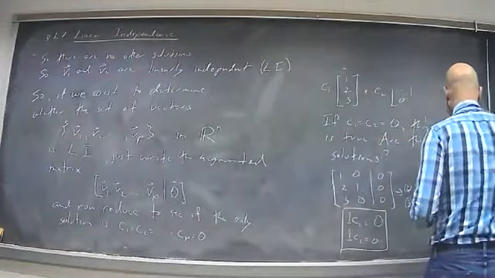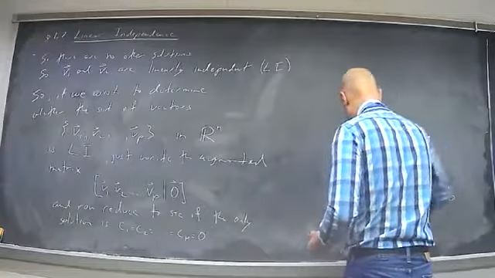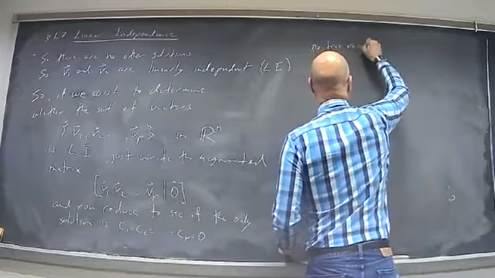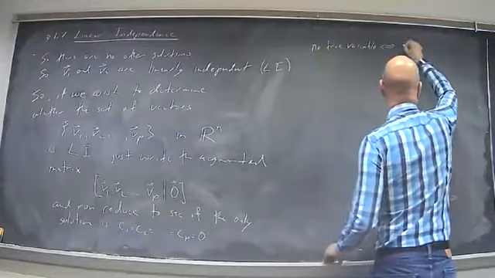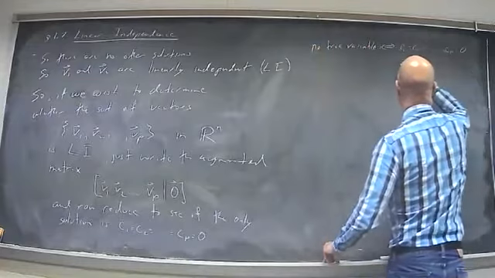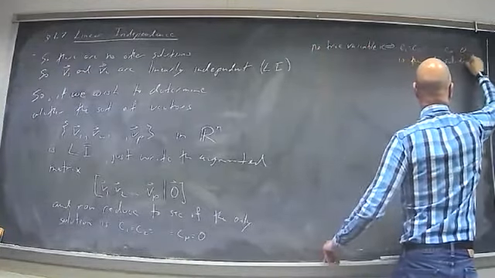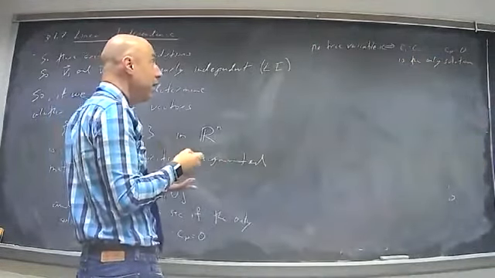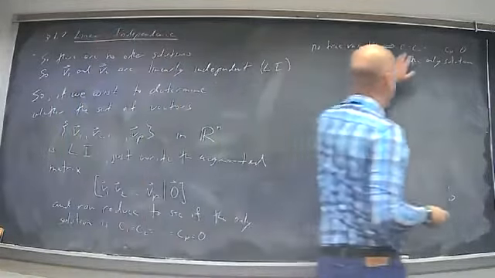If there are no free variables, then that's the only solution. So if there are no free variables, if you have a pivot position in every column, then this is the only solution.